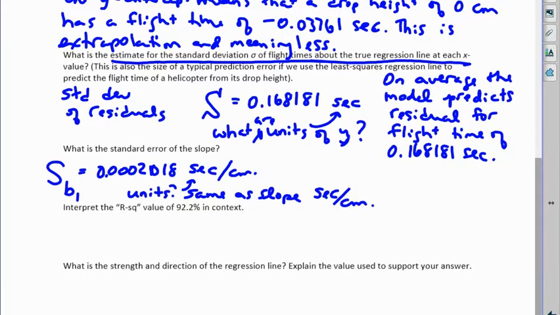Now we can interpret the r squared. Now remember, r squared does not talk about your data varying because your data is whatever your data is.